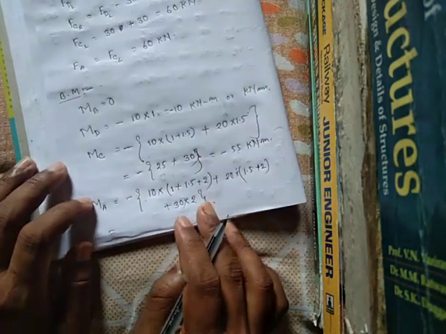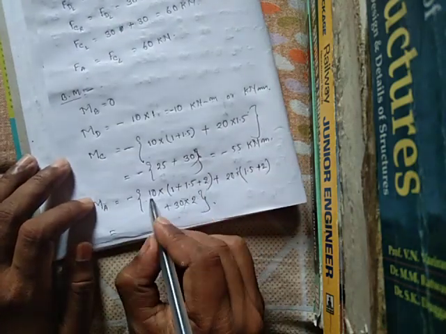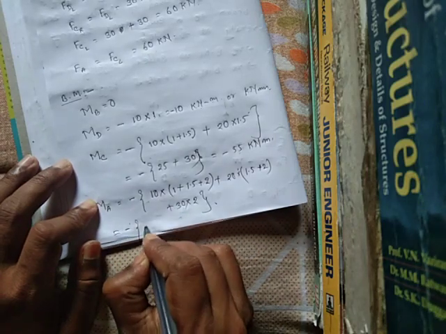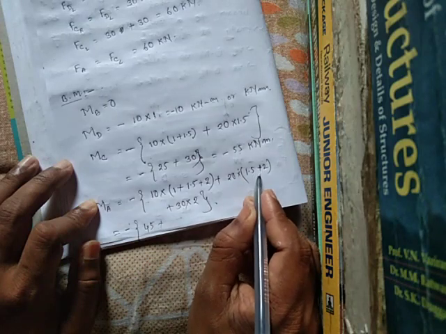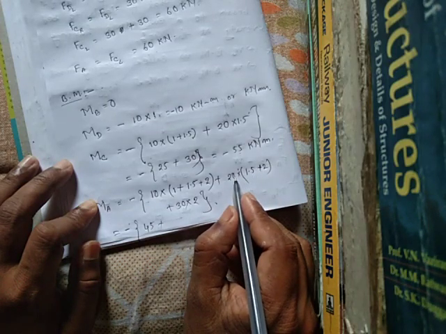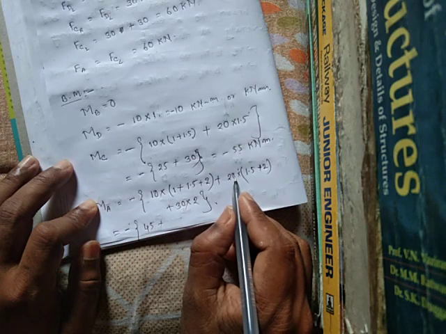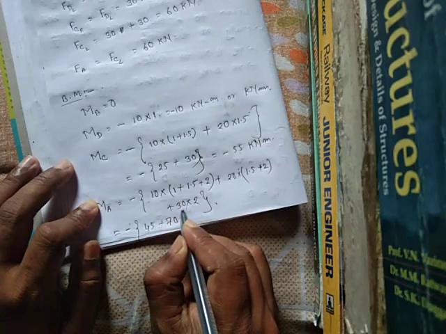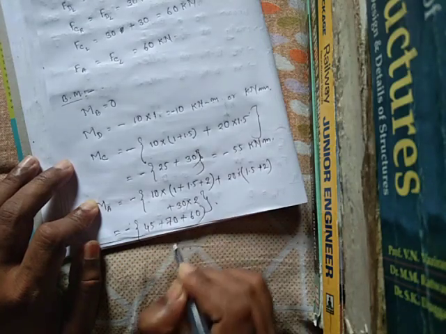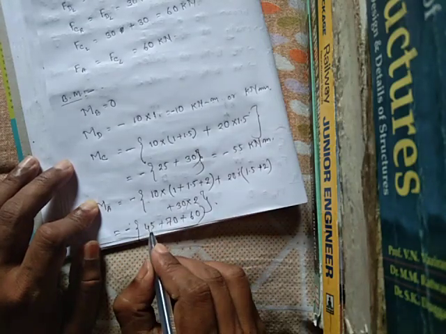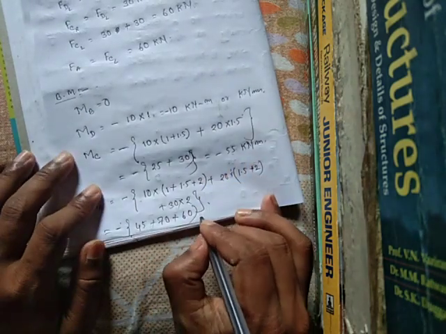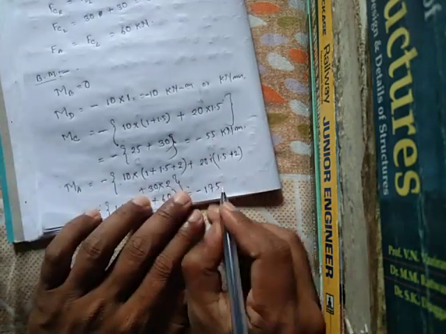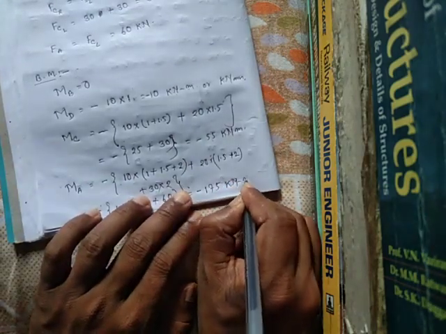That means the total value will be minus 4.5 into 10, that is 45, plus 3.5 into 20, that means 70, plus 30 into 2, that means 60. Total value is minus 175 kilonewton meter.